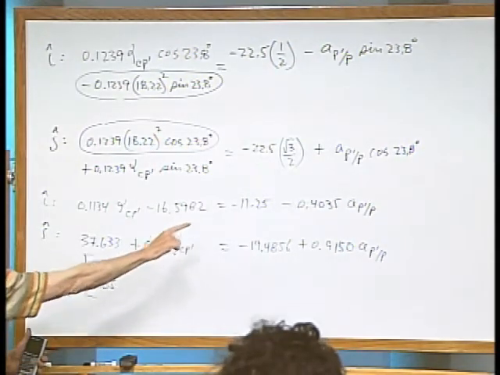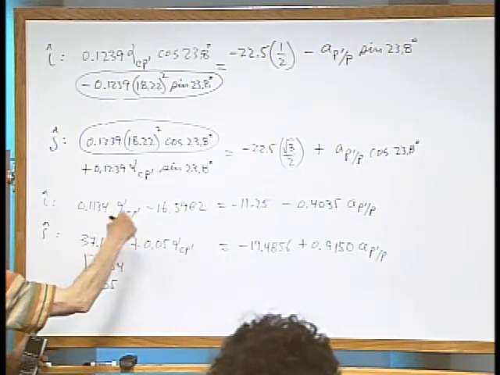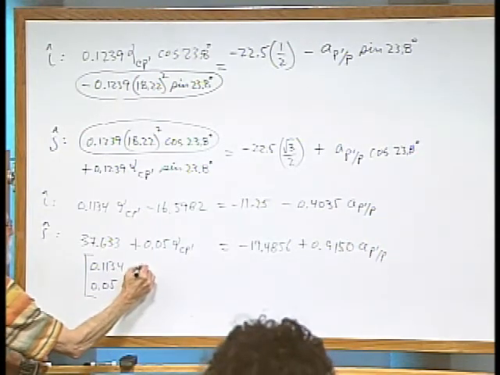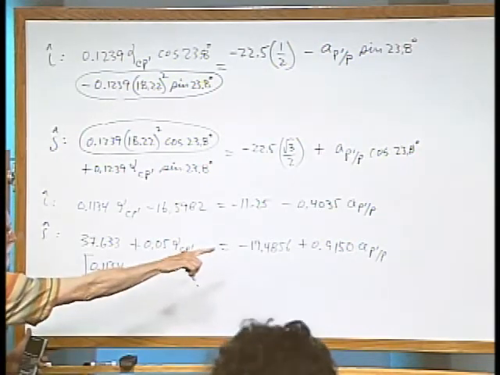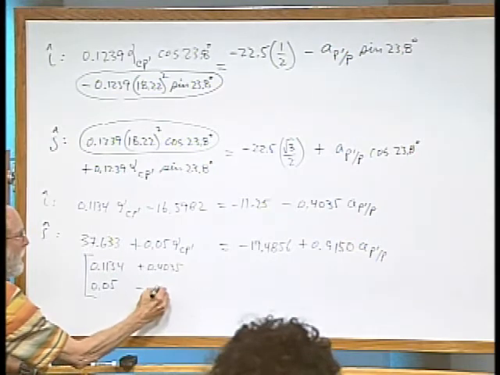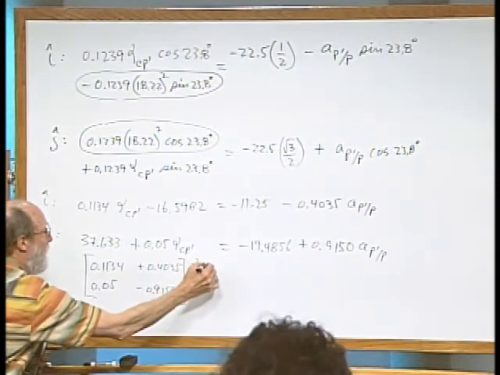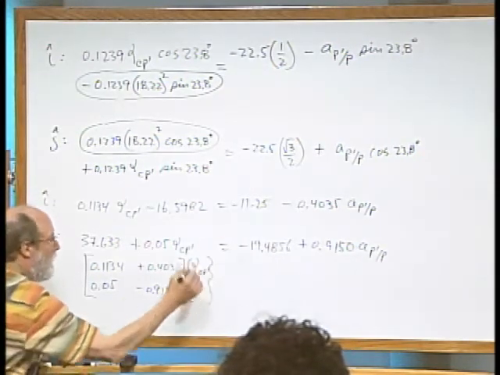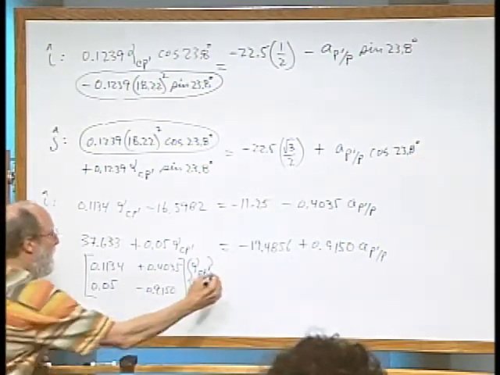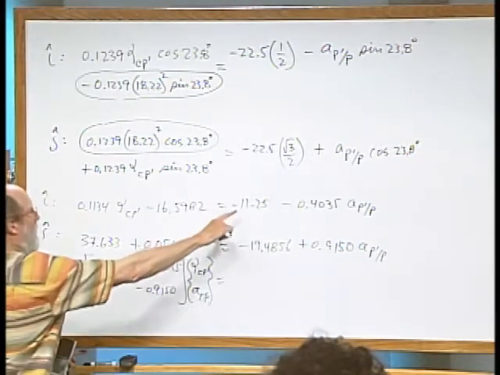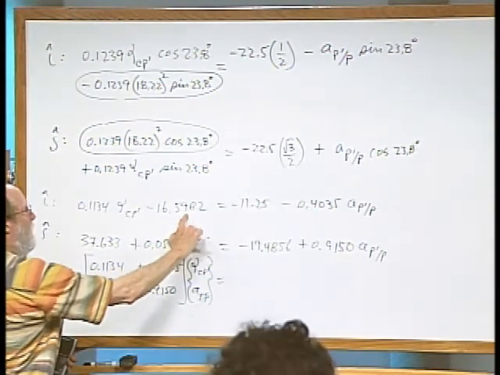Then we could imagine moving the acceleration terms over to the left side, and that would become a positive 0.4035, and the other one would be a negative 0.9150, and that would be times alpha of C, and the unknown acceleration of P prime relative to P, and that should equal these constant terms, which I need to combine, this number and this one on the right side.